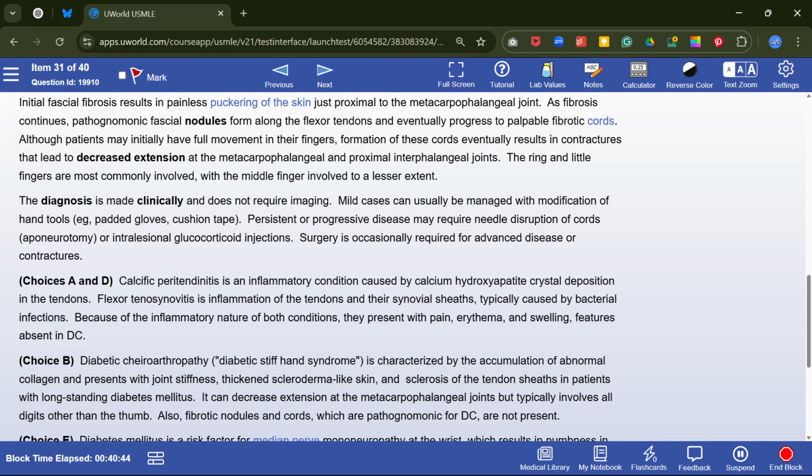Because of the inflammatory nature of both conditions, they present with pain, erythema, swelling, and features of DIC. Features absent in DIC. Okay.